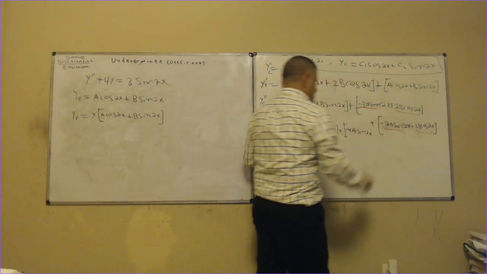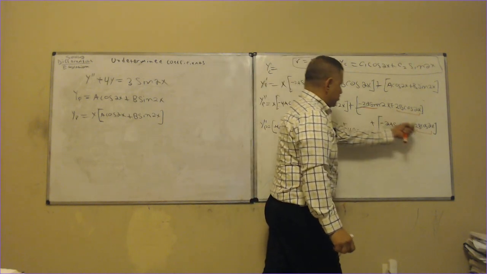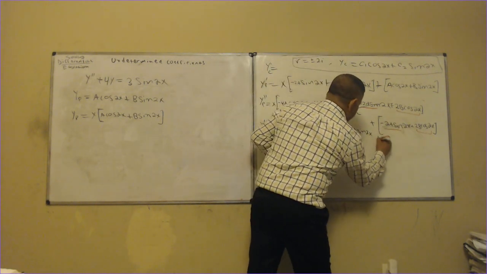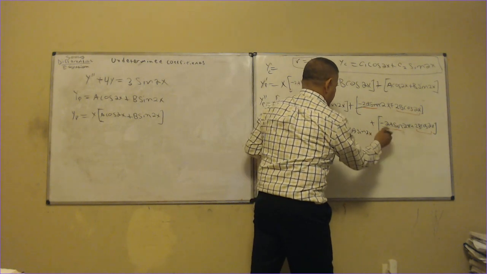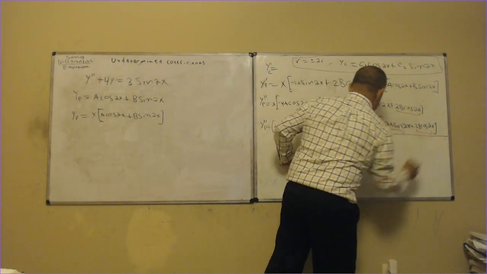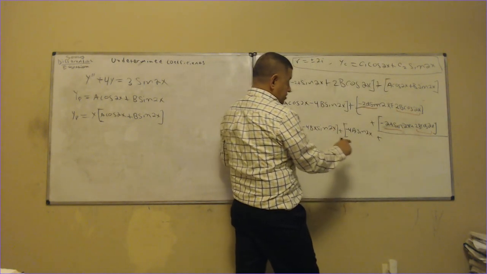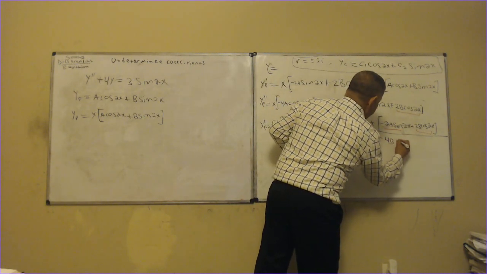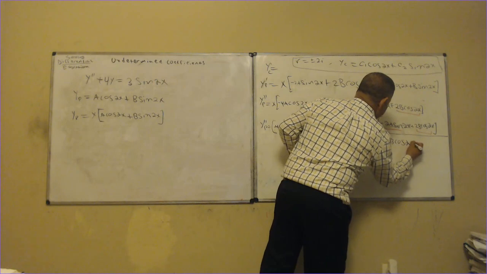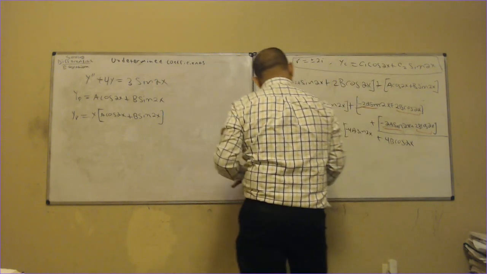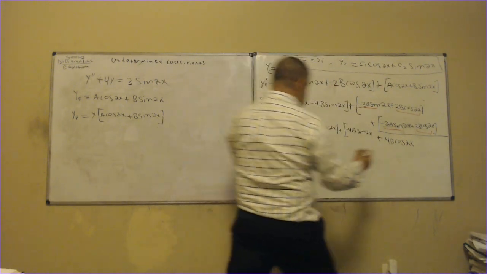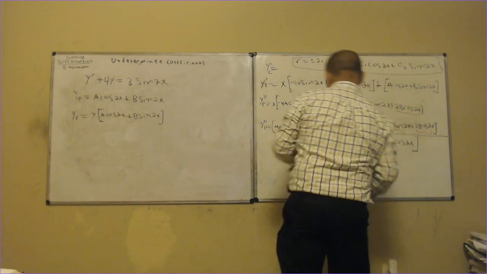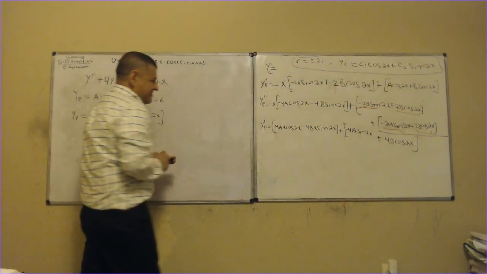Now, adding those two, I get plus 4b cosine of 2x. And this is just the second derivative.